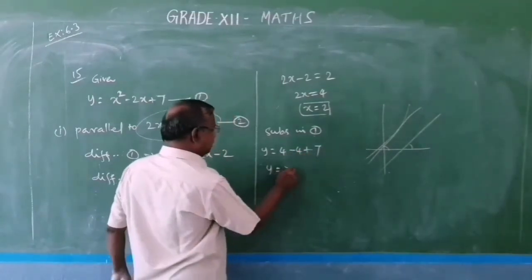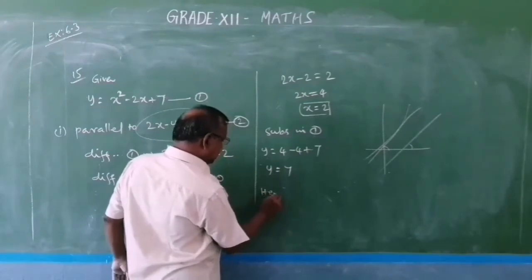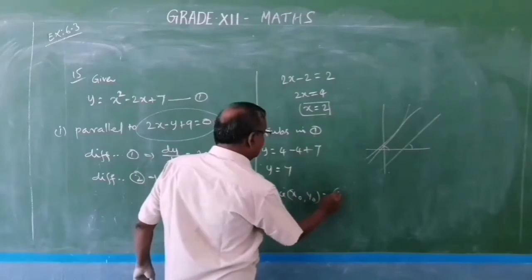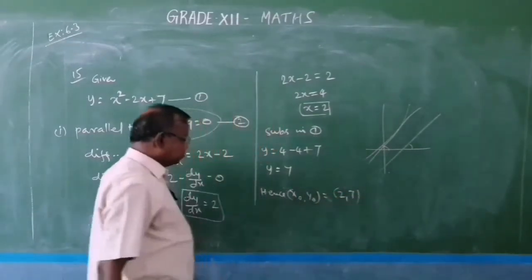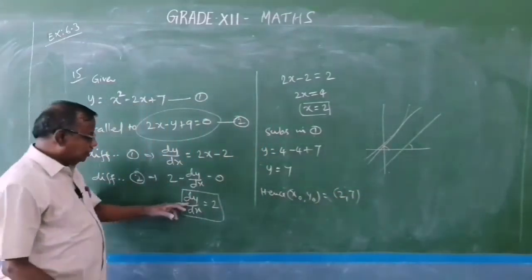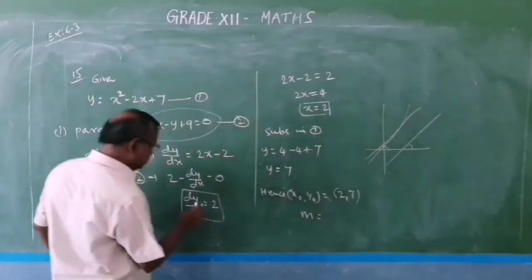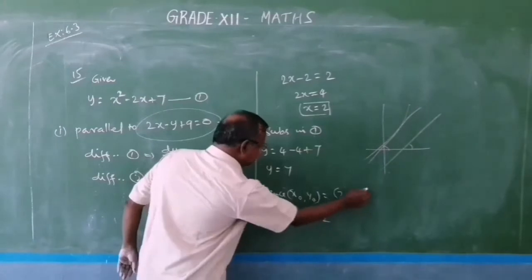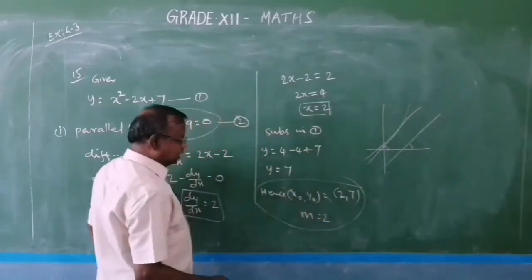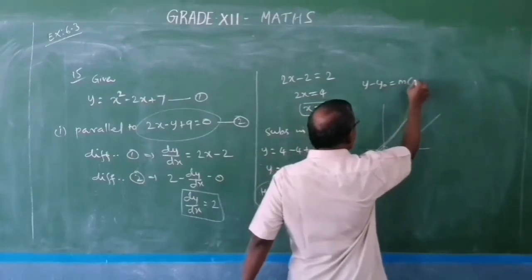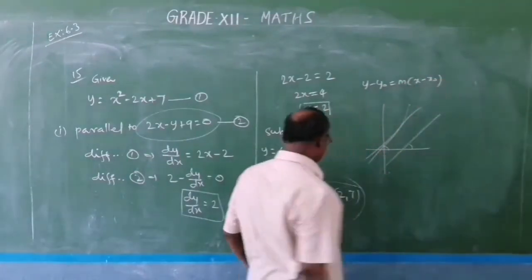So y equal to 7. Hence x naught, y naught equal to 2, 7. Now here we have found the slope m is also 2. Substituting these values in the equation of tangent, that is y minus y naught equal to m into x minus x naught, you will get the answer.